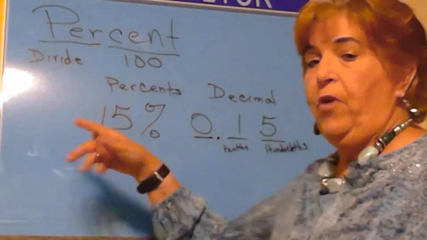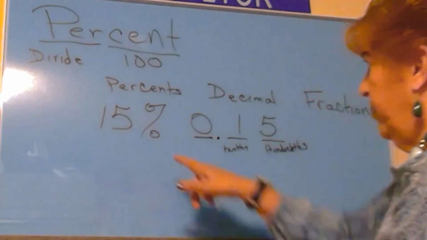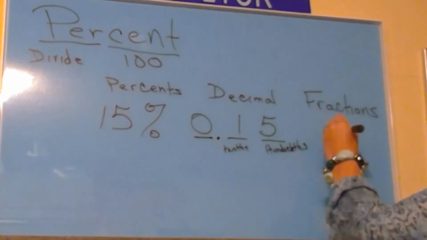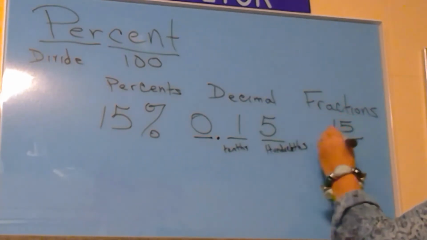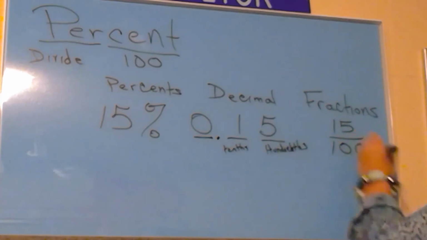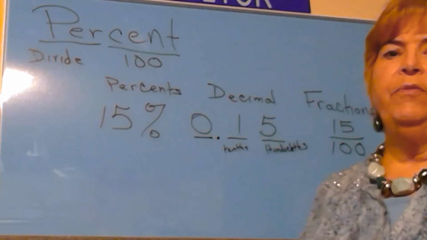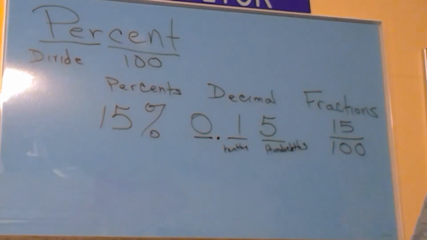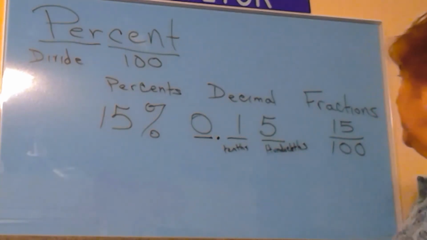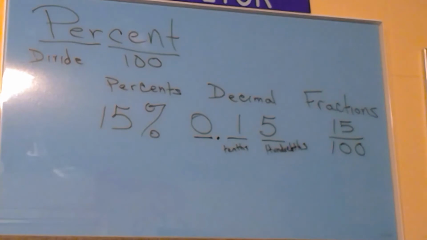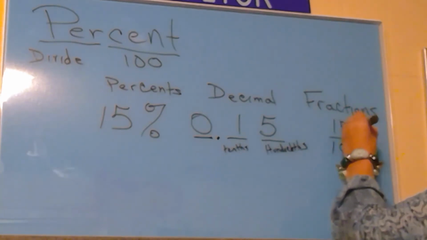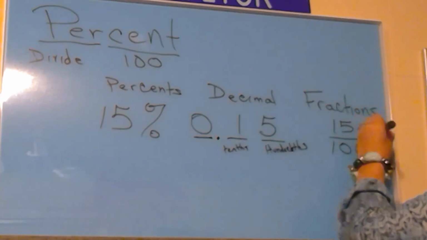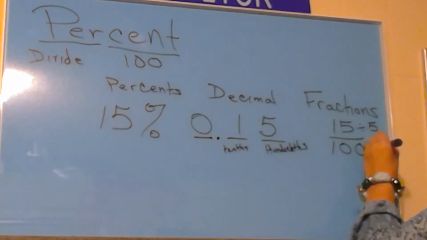To change it to a fraction, the percent sign just means it's 15 divided by 100. Now, whenever we work with fractions, we want to reduce them as much as possible or simplify them. In this case, I know that 15 and 100 are both divisible by 5.